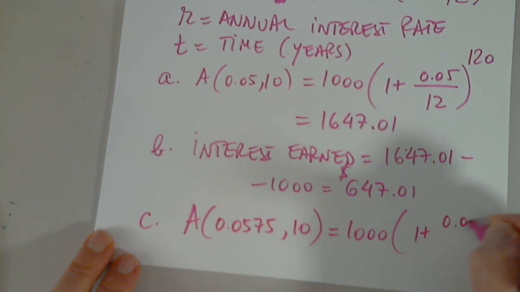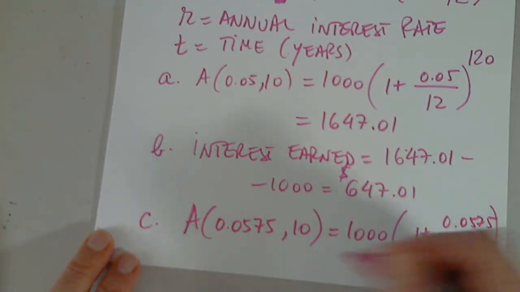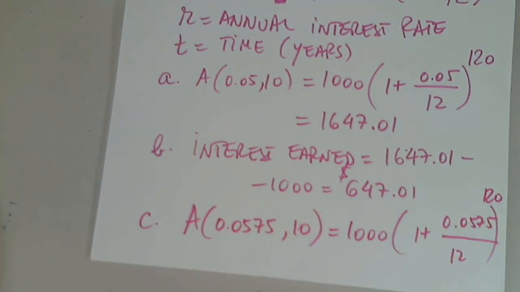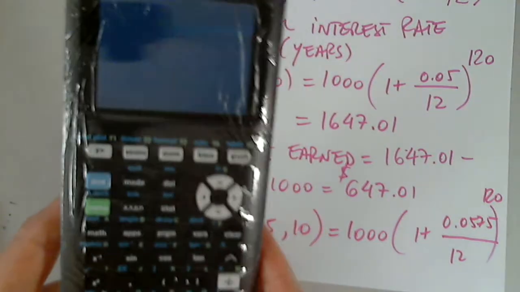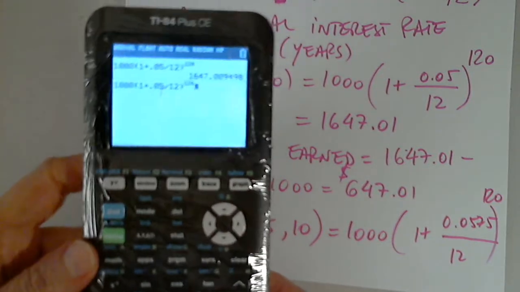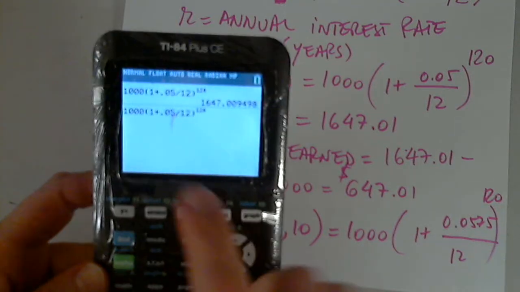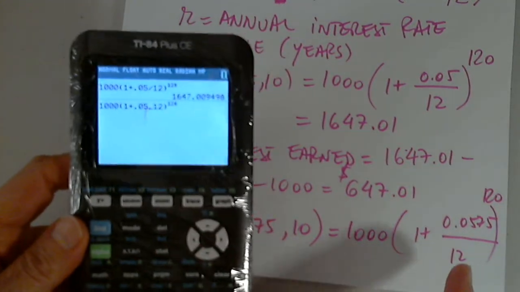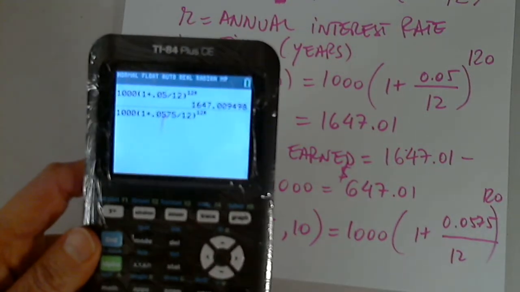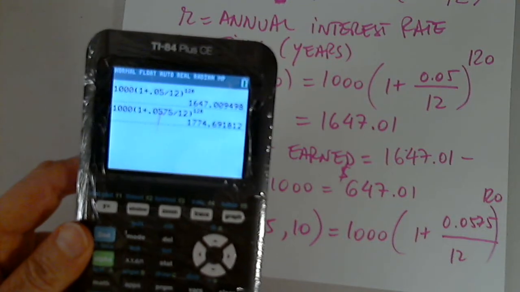All I have to do is just plug in the same thing. 1 plus 0.0575 divided by 12, and the power is still 120. So I'll simply go back and recalculate everything. I'm just going to insert 75 and press enter.